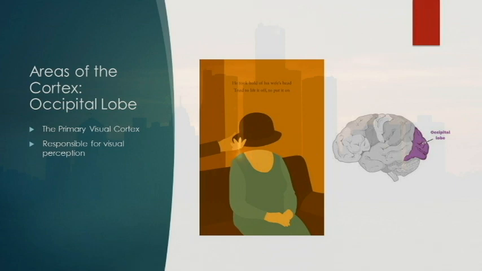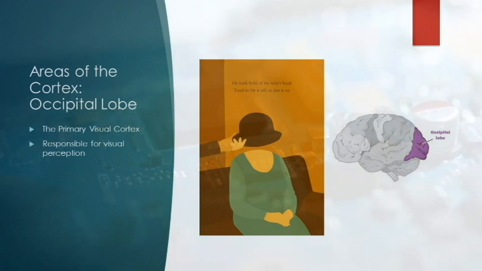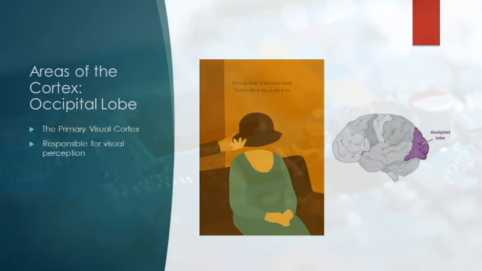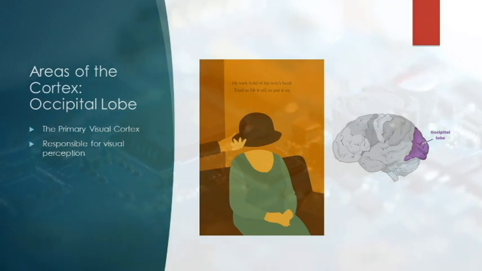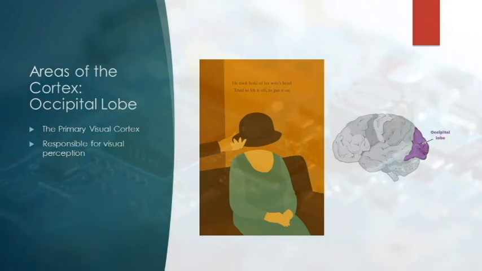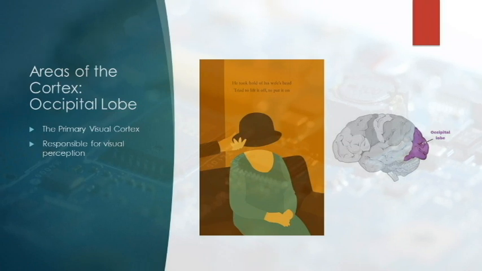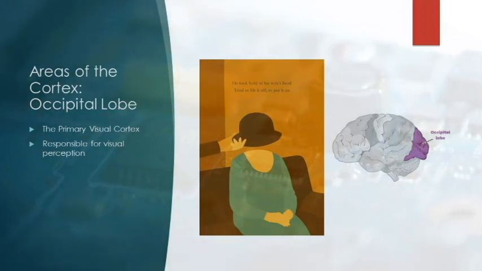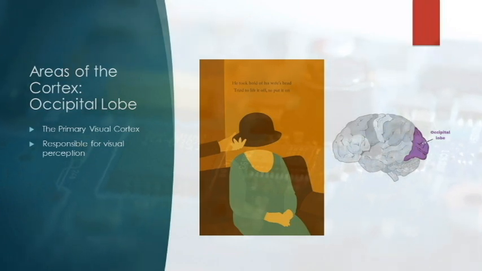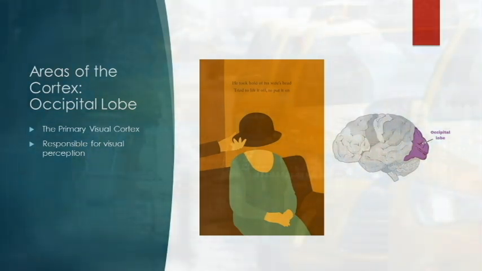So what happens when you have damage to an area of the occipital lobe? Well, that can result in something known as visual agnosia, where individuals struggle to recognize familiar objects, and prosopagnosia, where they can't recognize faces, even though other aspects of their visual processing remain intact.